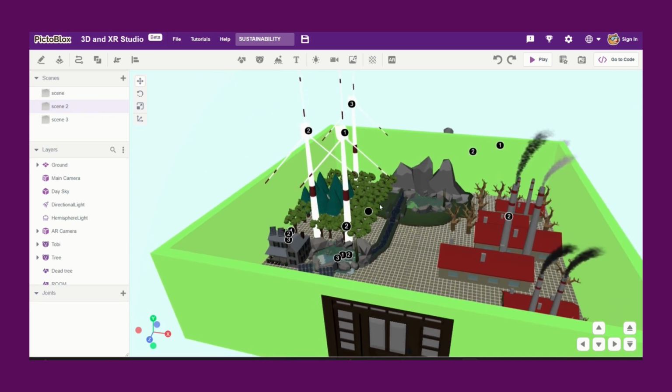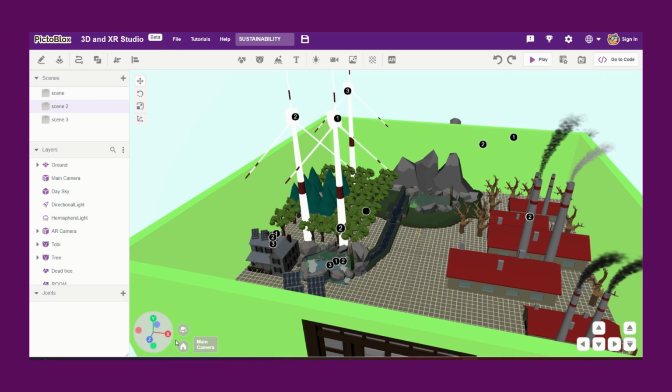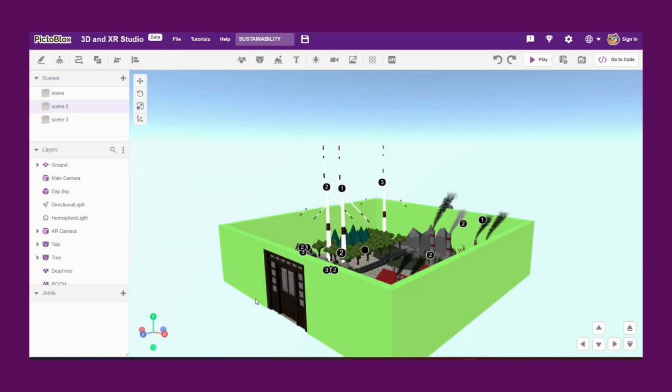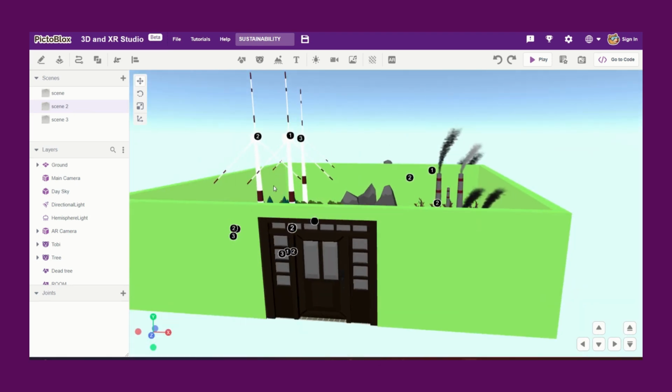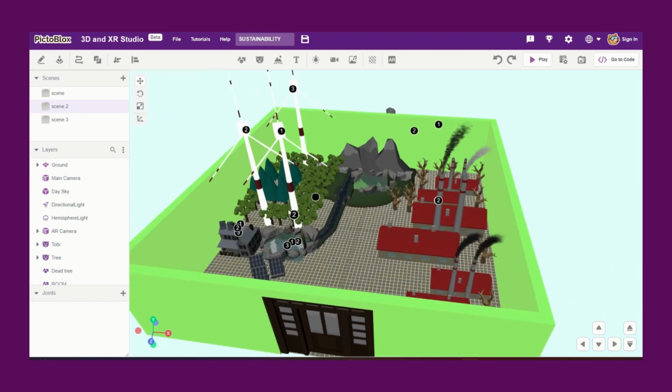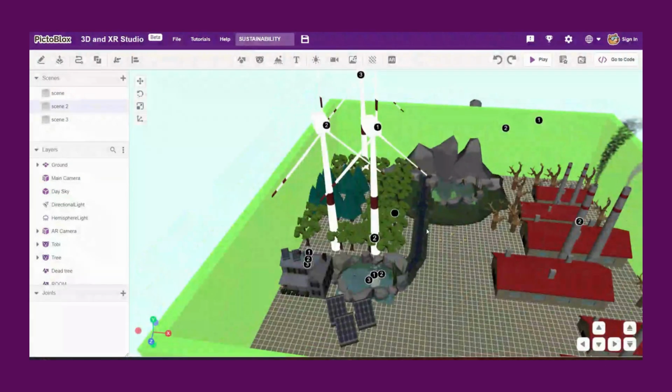And as you can see in the second scene, on one side you can see deforestation and factories, and on the other side you can see a pond, with solar panels fitted upon the farmhouse. Yes, and you can see wind turbines, where wind energy is generated. So it shows a contrast between the two conditions of our world, of our planet.